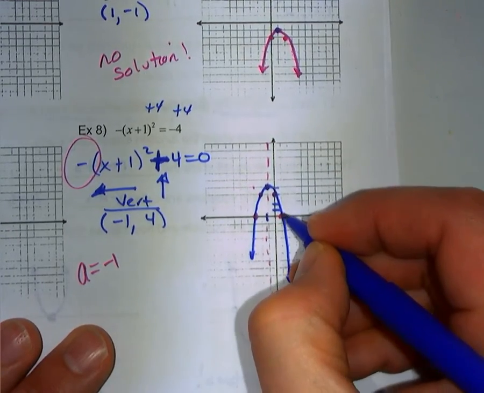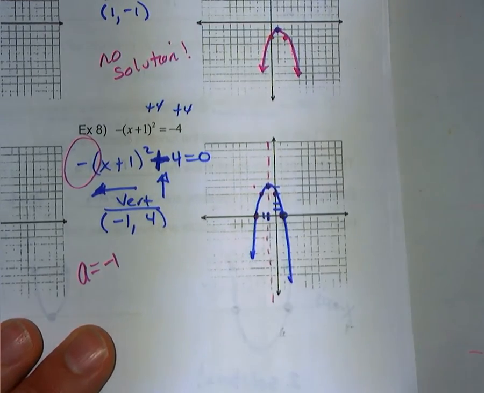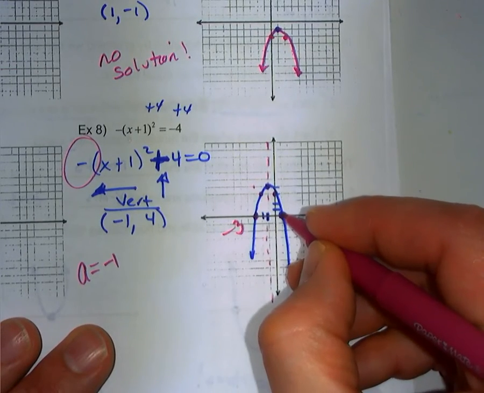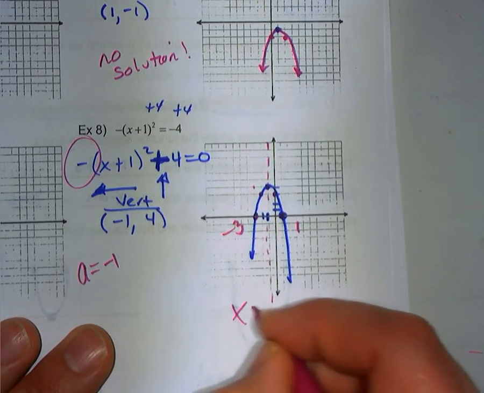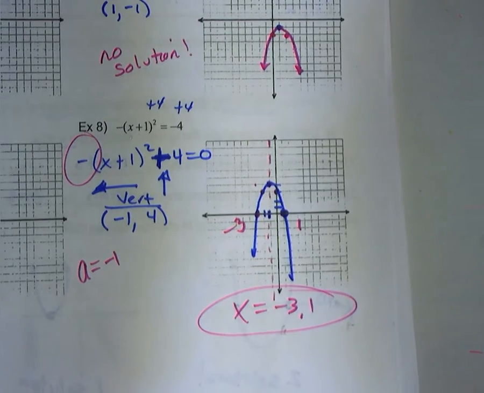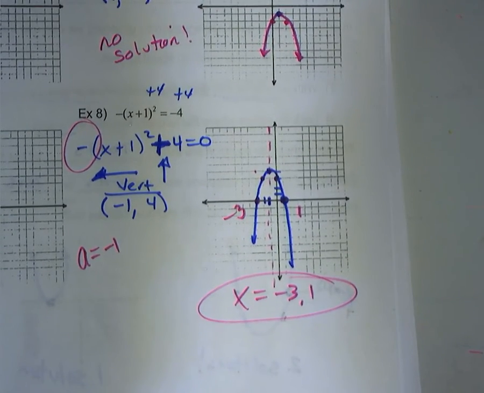And right there, and then over 1, 2, negative 3. So I got an answer here at negative 3, and I got an answer right here. What's this one? That's 1. So if I take my answers, I got negative 3 and 1 as my solutions. So final answer, negative 3 and 1 are my solutions.